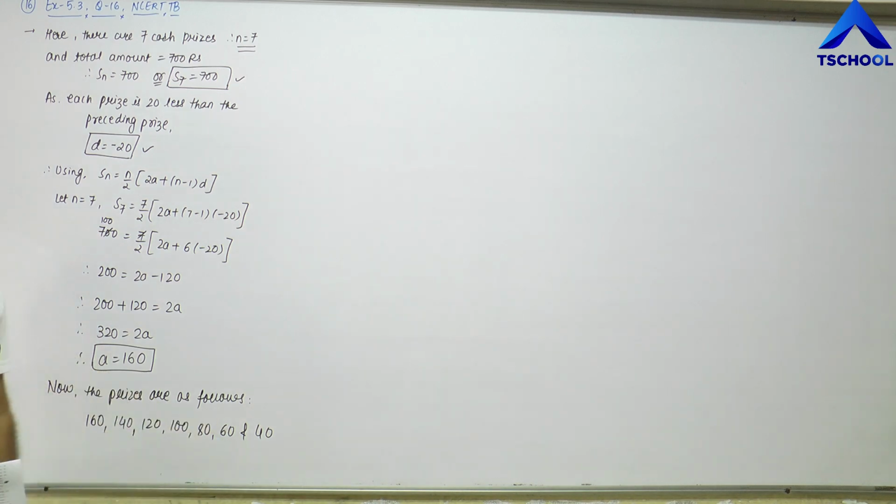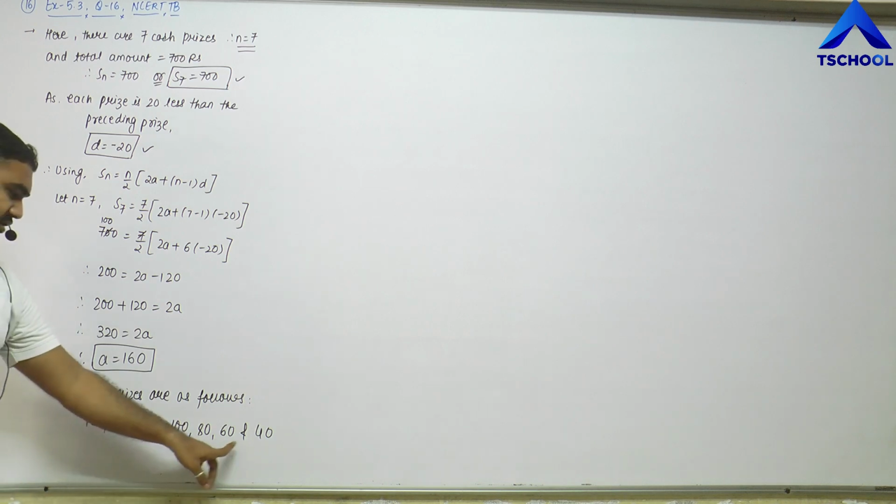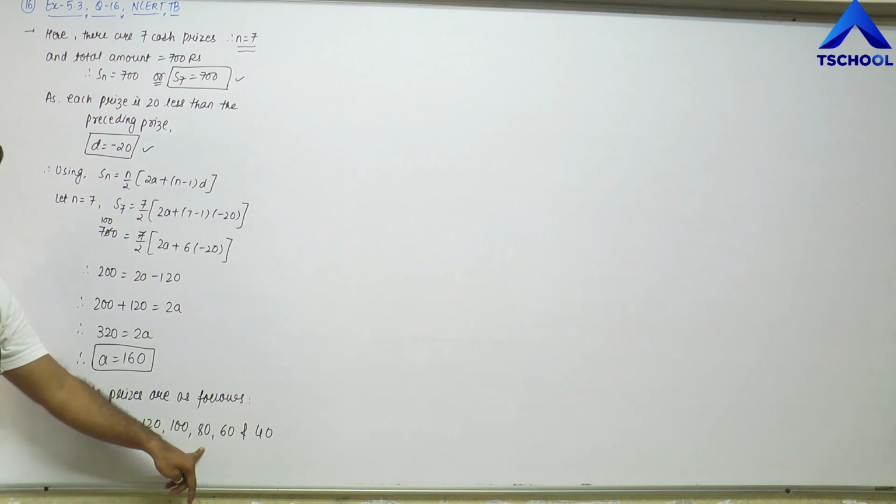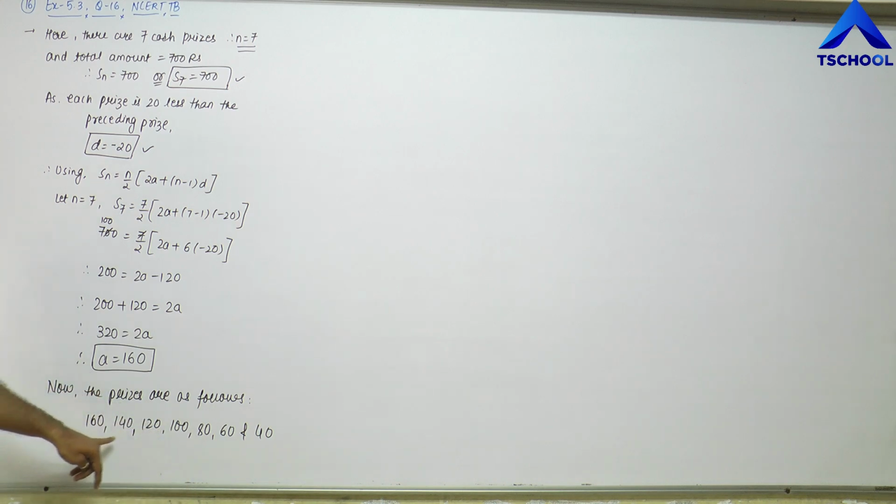You can add up all these and see whether you are getting 700 or not. So 60 plus 40 is 100, 100 plus 120 and 80, that is 200, 300, 300 plus this is again 300, that is 600, and this 100 remaining is 700. So the addition of all these prizes is 700 rupees, and this is the solution. Is it clear, friends?